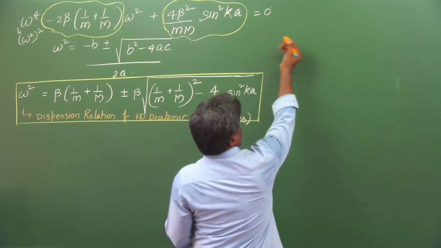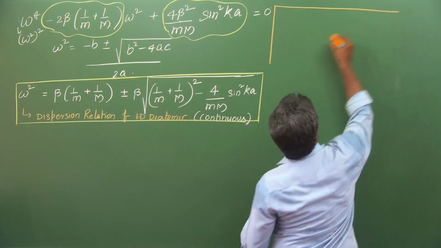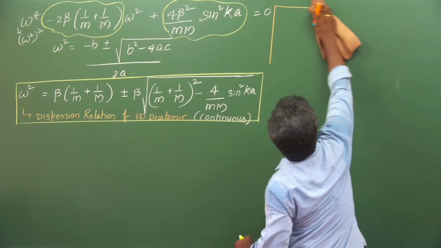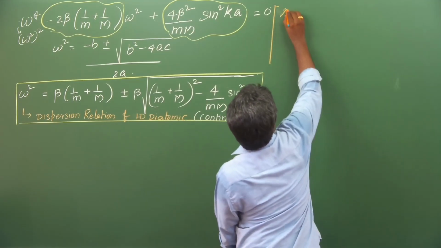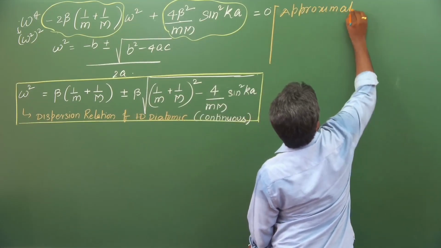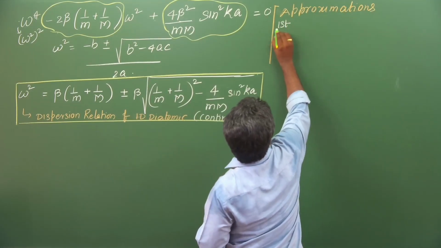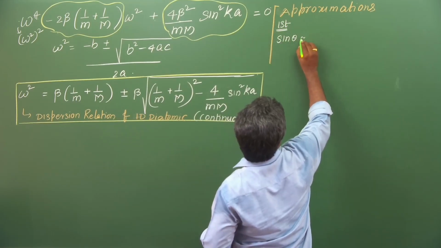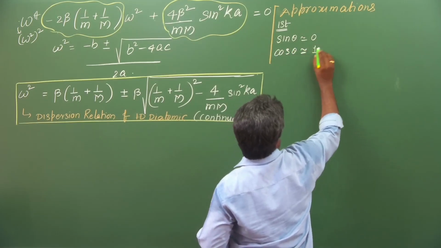So let me write here. Approximations. Now first approximation, that is sin theta, and theta is very small, then sin theta is 0. Then cos theta equal to how much?